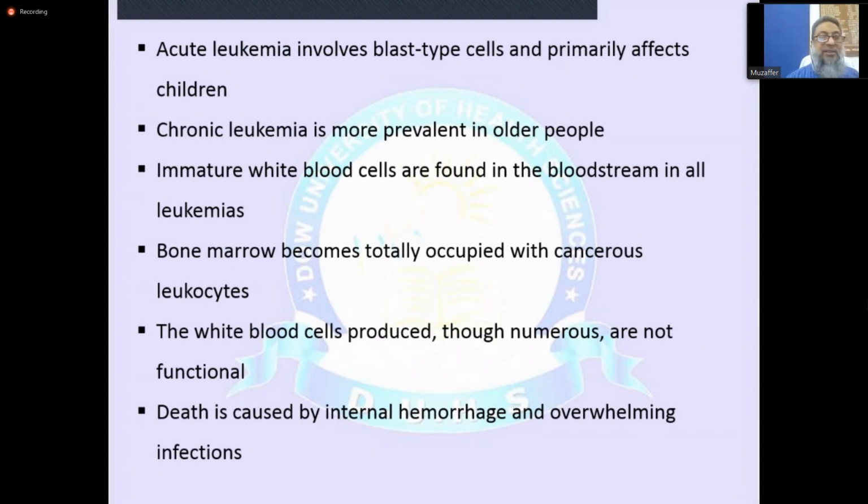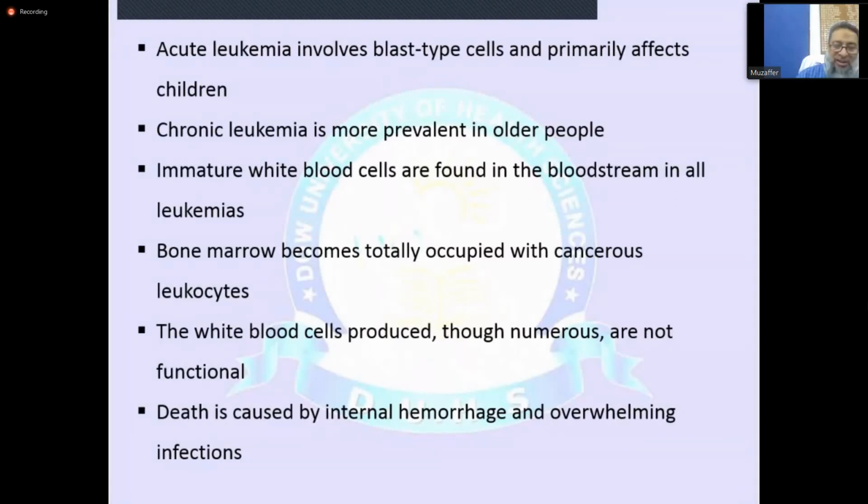So let us see here the bone marrow, which becomes totally occupied with the cancerous leukocytes. And once these cancerous leukocytes occupy the bone marrow, they lead the person to, as we say, hand over the whole body to the enemy.